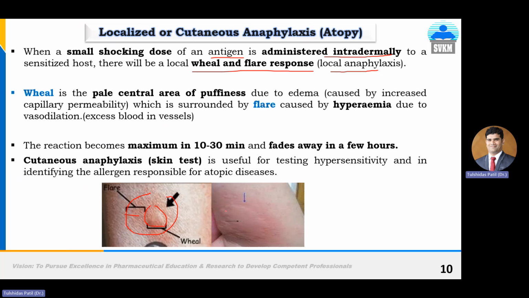These reactions are maximal 10 to 30 minutes after exposure to that antigen or allergen, and they fade away after a few hours. Cutaneous anaphylaxis can also be used as a skin test for testing various allergens responsible for atopic disorders. So this is all about localized anaphylaxis or atopy.